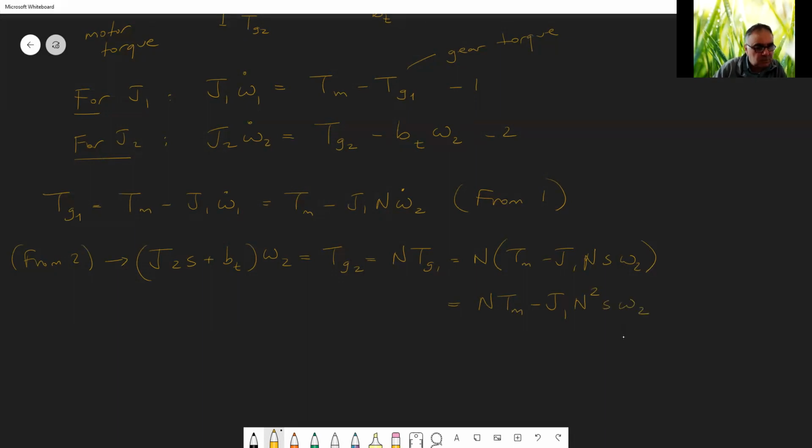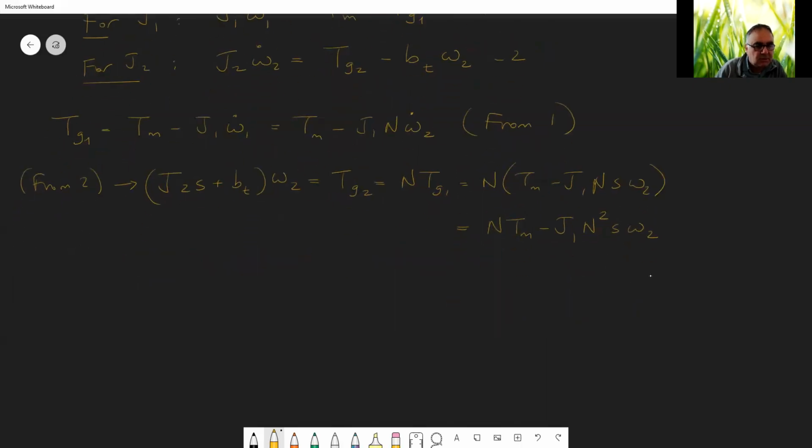And if you collect the terms together, what you get is the following. J1 n squared plus J2, S, plus ET, times omega 2 of S will be equal to n times the motor torque.